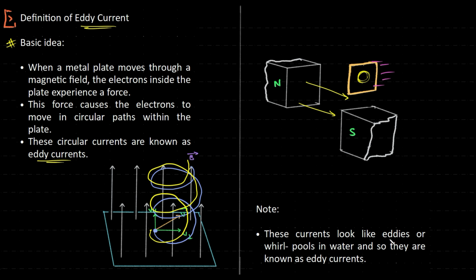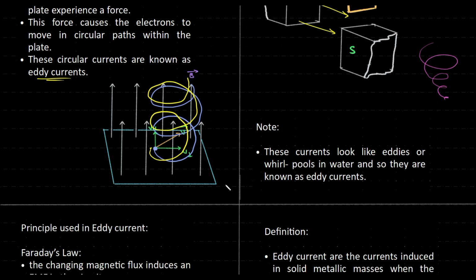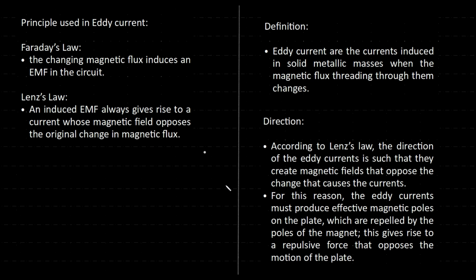The name comes from the fact that the pattern looks like a whirlpool, something like this. We just saw that in the previous one. I'm not able to draw, guys. Something like that, and so the name eddy current. This is going to be useful for quite a few places, so we are studying this.